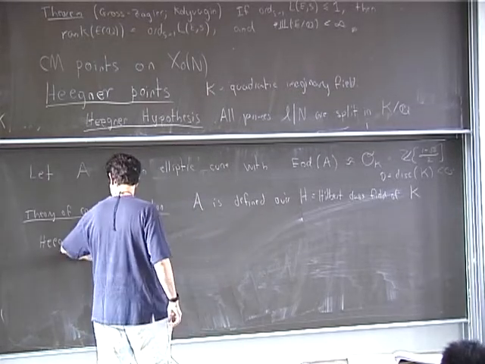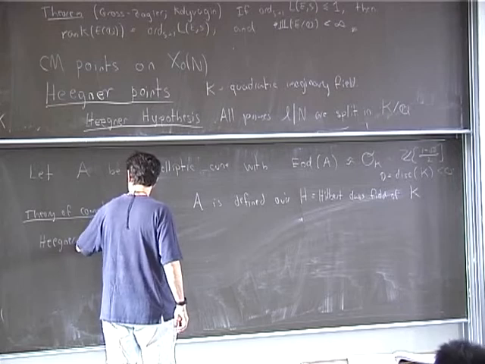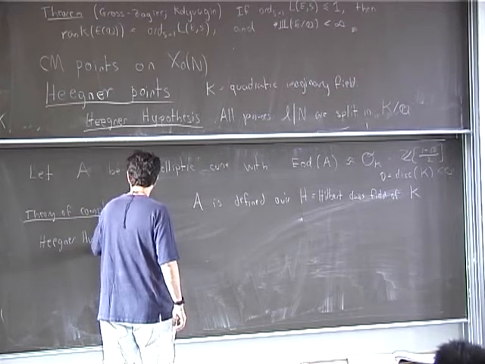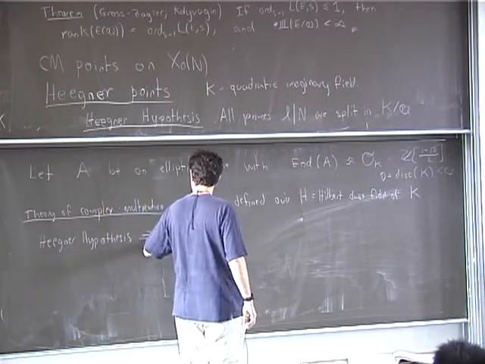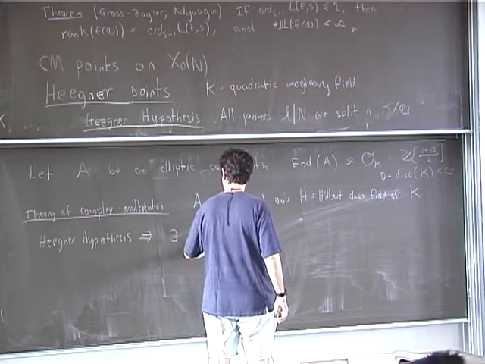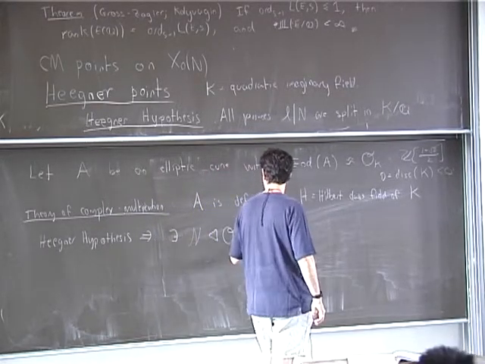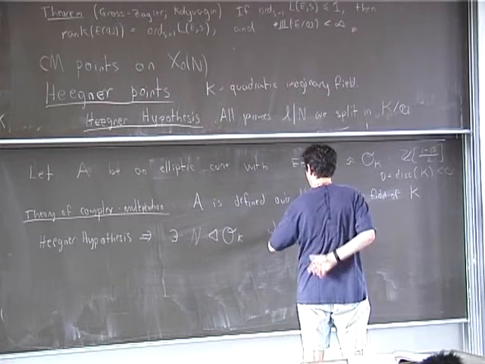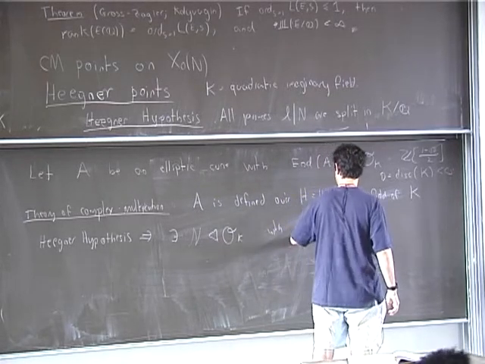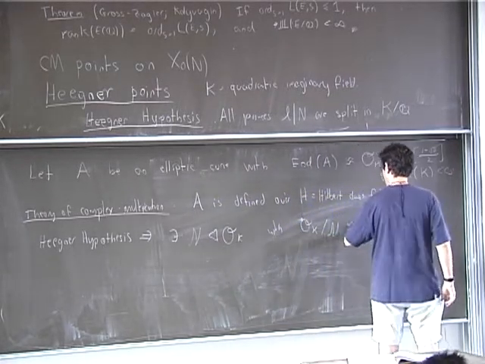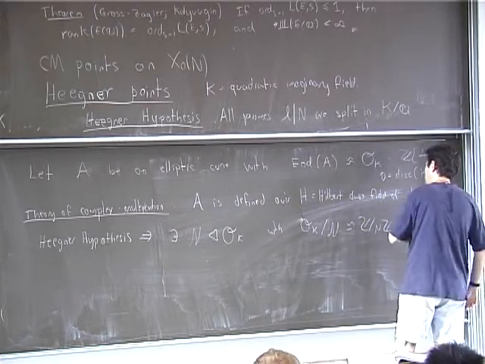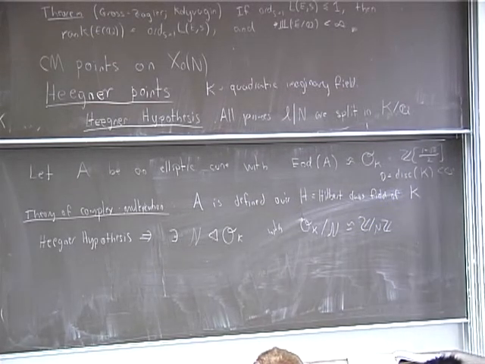So, the Heegner hypothesis implies that there exists an ideal, which I'll call script n, of this ring of integers, with the property that the quotient by this ideal is isomorphic to Z/nZ. So I can take an ideal of norm n with cyclic quotient like that. That's clear, right?